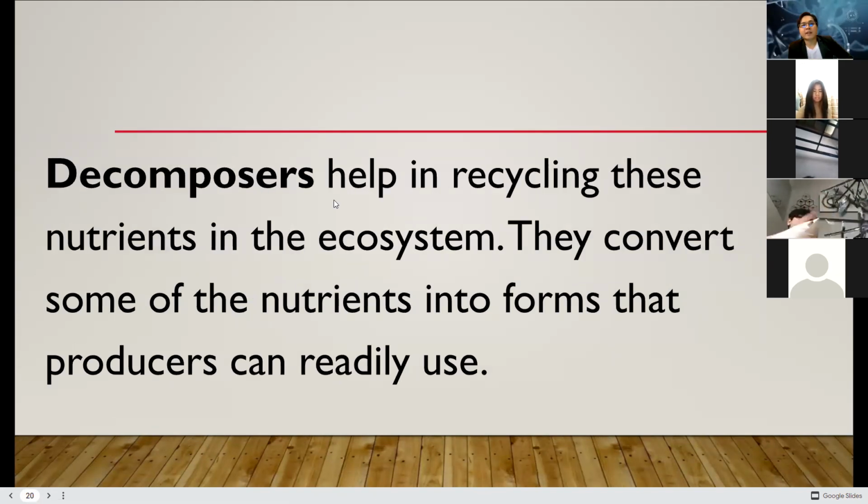Decomposers help in recycling these nutrients in the ecosystem. Remember the decomposers, okay? When the top consumer dies, the action of decomposers returns the nutrients or the vitamins or the minerals to the soil or back to the ecosystem. Okay, they convert some of the nutrients into forms that producers can readily use.